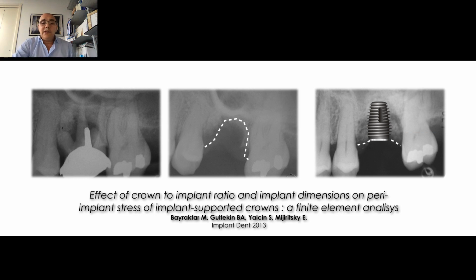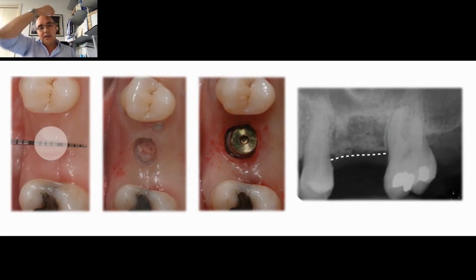There's a very interesting study done by, again, my friend Eitan Mijiritsky, along with Serdar Yalchin, the chairman of implantology at the University of Istanbul, that shows that the effect of crown-to-implant ratio and implant dimension is quite important, because the peri-implant supported crown will have less stress if we have a large implant in a situation like this.